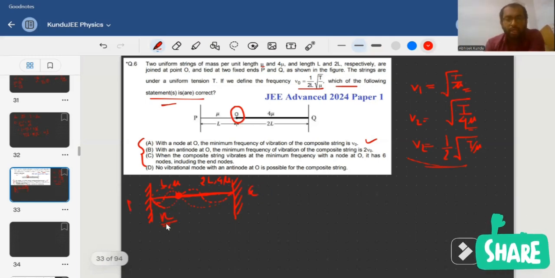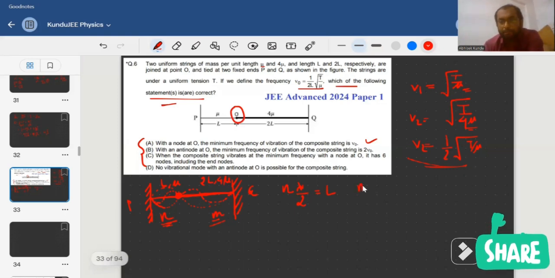So let us assume that n number of half waves will be there in the left hand string. So it will be a multiple of lambda by 2 basically. So n into lambda 1 by 2, where lambda is the wavelength of the vibration, is equal to L. And let's assume that in the right string m number of half waves will be formed.